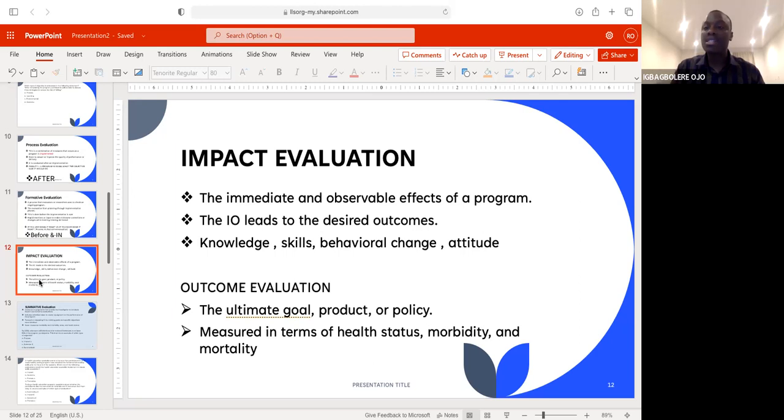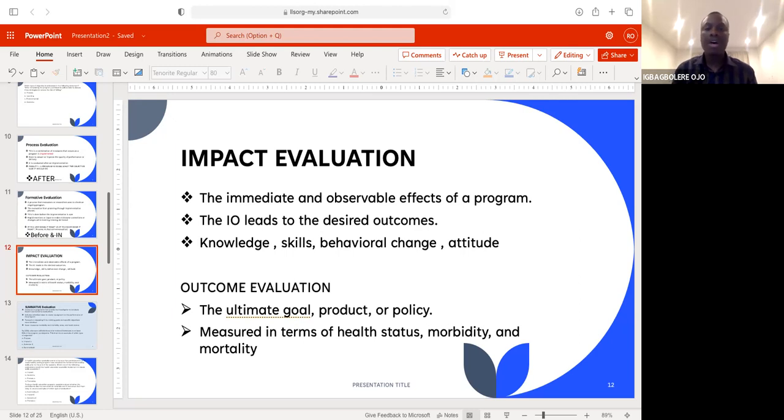What is the instant effect, the instant impact, the instant change your evaluation is causing? All right? What can you see now? It is a now thing. It is this moment, this time, this period kind of evaluation.